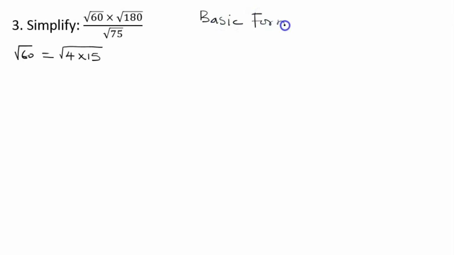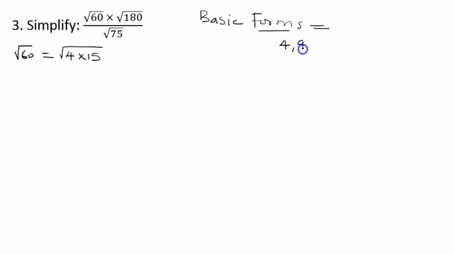When you convert surds to their basic forms, you will discover that you make the work easier. This is a must. That's the end result of our simplification of surds: a particular surd should be in its basic form. So how do you take a number to its basic form? You simply divide it by perfect squares.